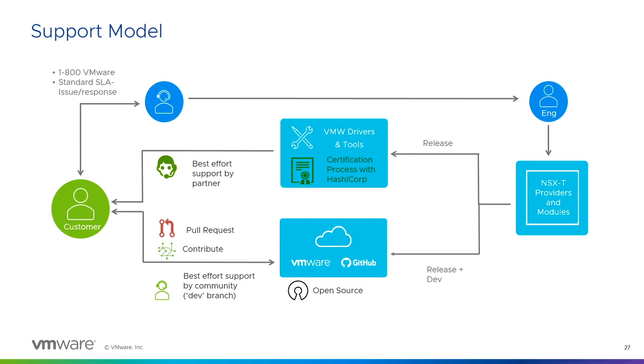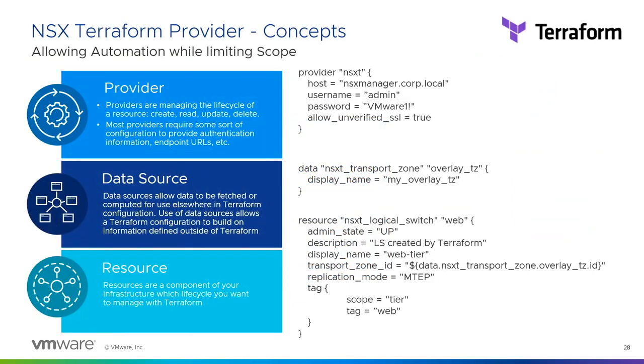So if you use this official version, you are fully supported by VMware. So you can open, file an issue if you have any bug in the provider, this kind of stuff. Again, it looks like something which is open source, but it's fully supported by VMware.